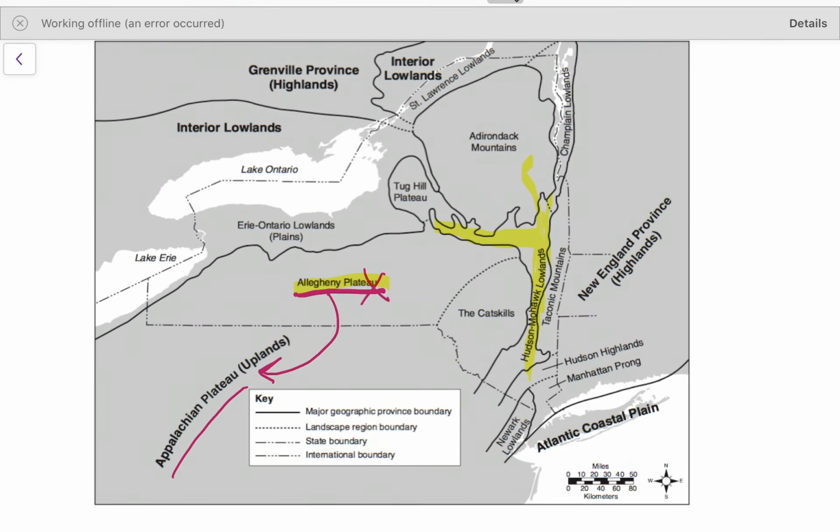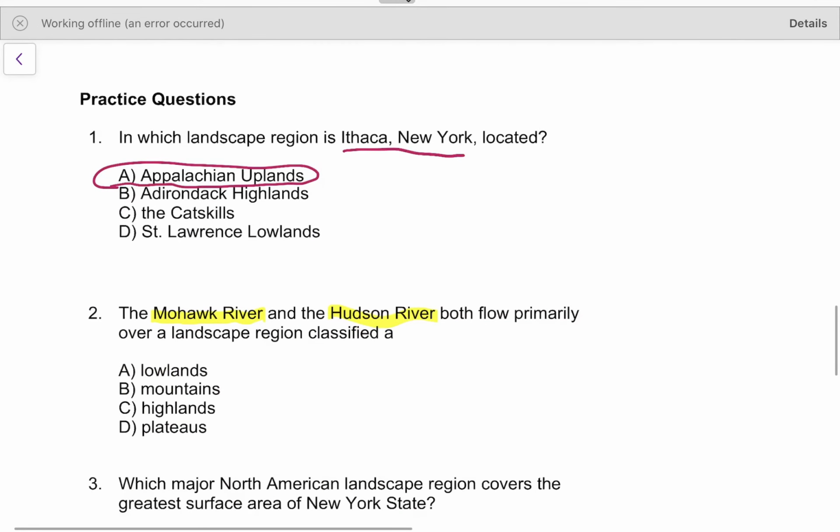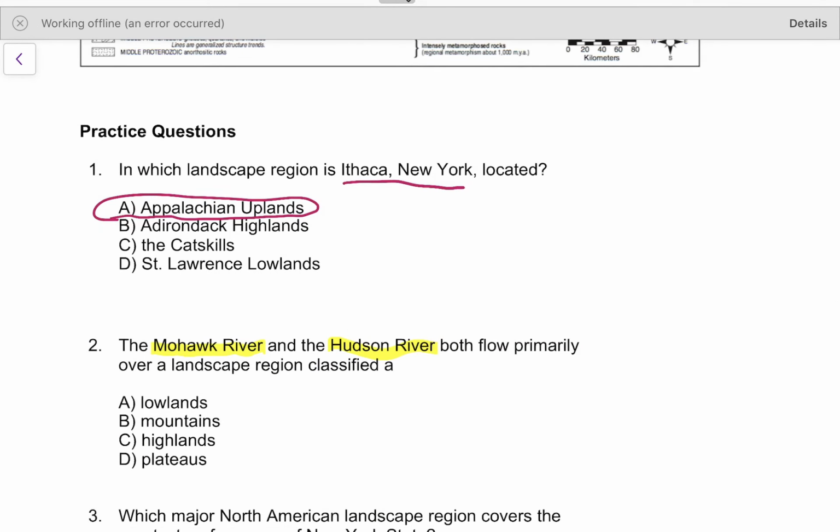Okay, so if we look, it looks like most of where these two rivers are flowing is through what we call the Hudson Mohawk lowlands. Let's see if that's an answer choice. If I go down, oh yeah, look, choice A is lowlands. That's my answer.